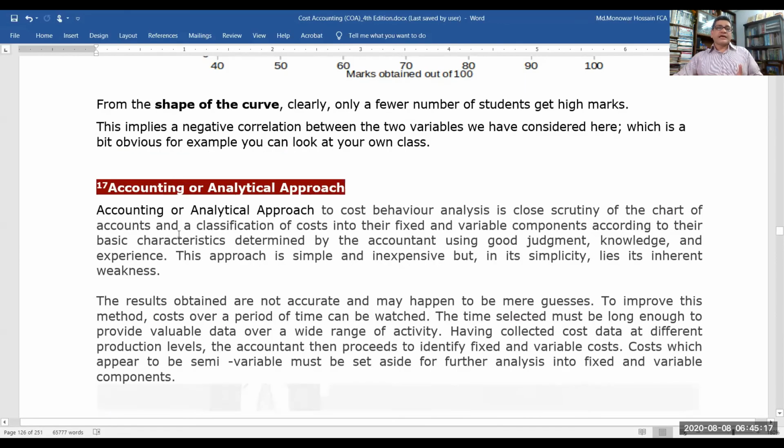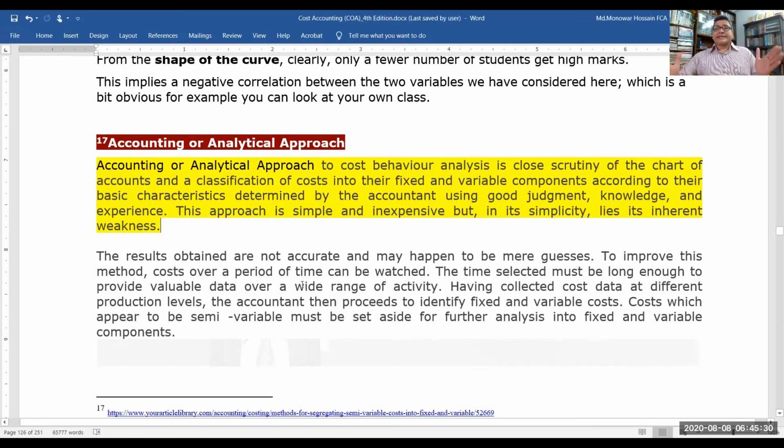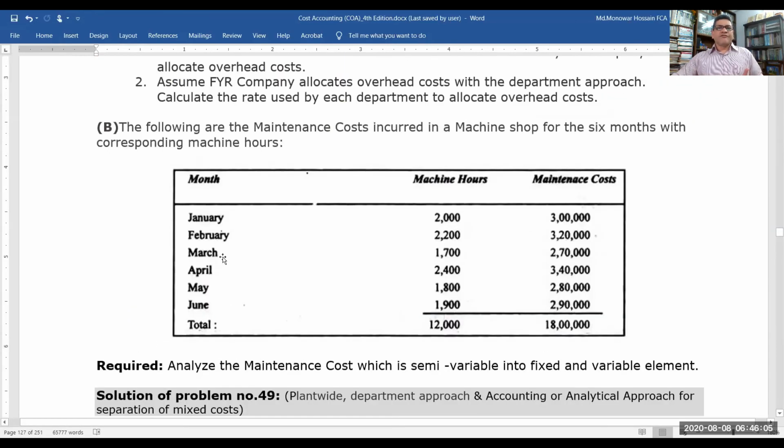Now, one analytical or accounting approach: we can segregate the fixed cost and variable cost from the mixed cost. The following are the maintenance costs incurred in the machine shop for six months with corresponding machine hours.